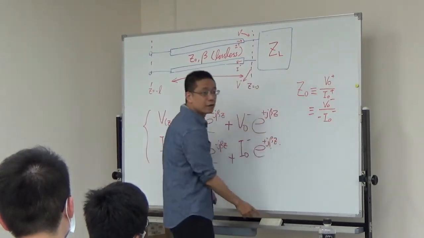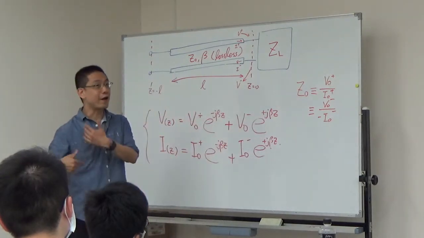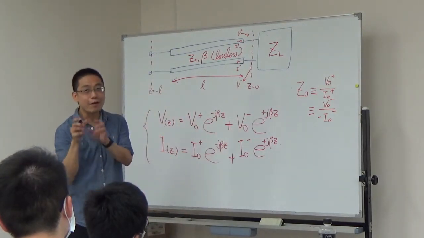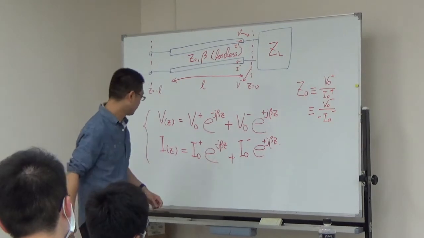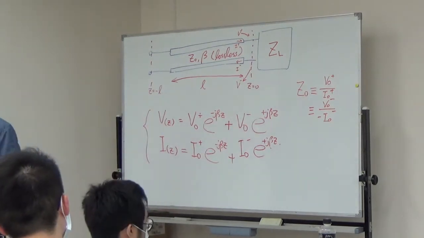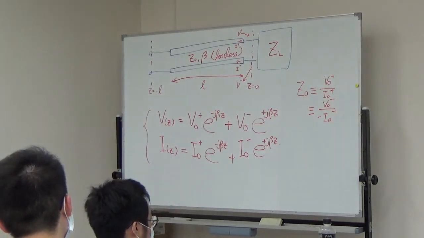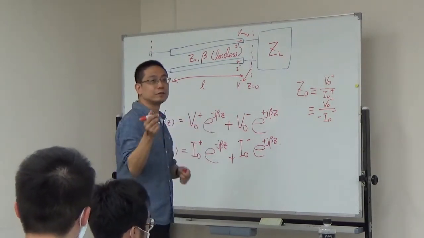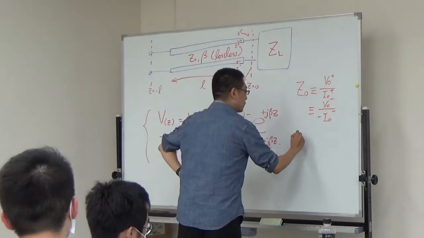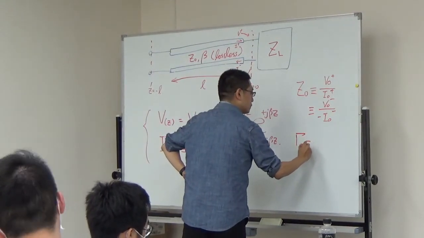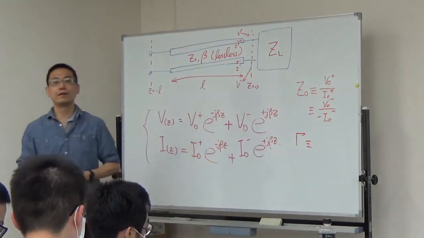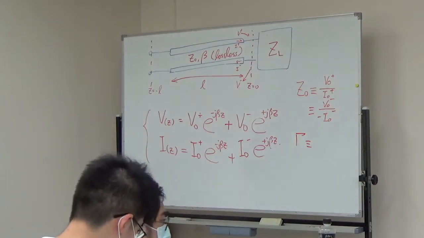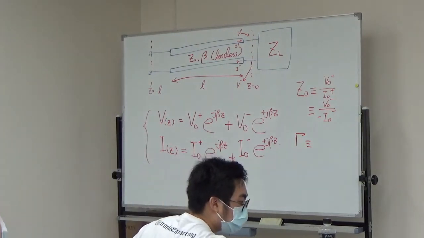This is an easy question. I will ask you more. Actually, you can get 2 points, only 2 points from that, but you should try harder. What is the reflection coefficient? Anyone? 2 points.